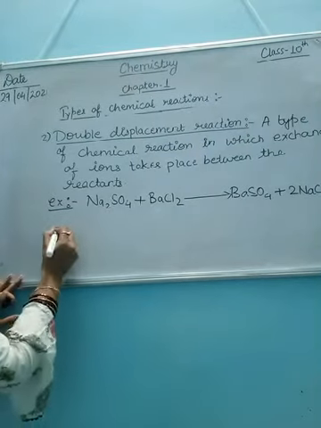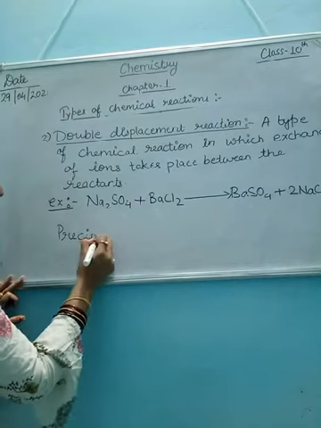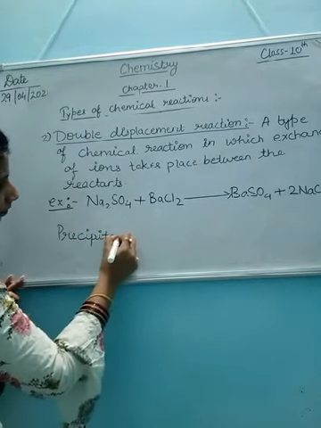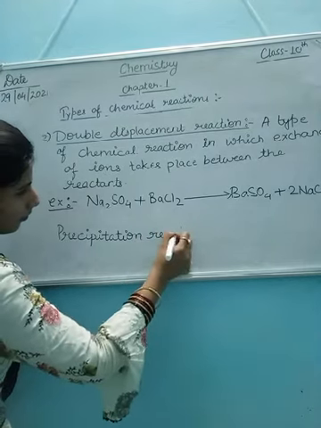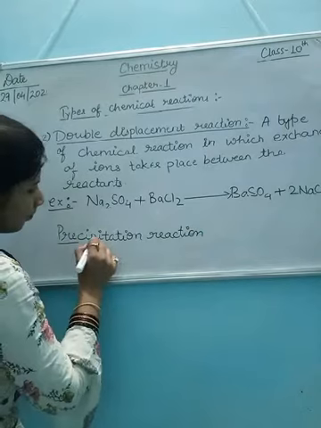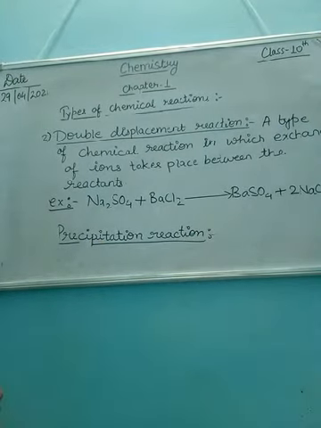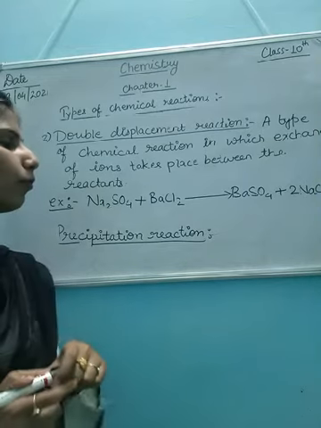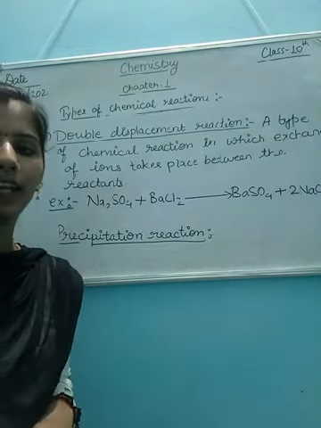Now see precipitation reaction. What is a precipitation reaction? Precipitation reaction is a type of chemical reaction in which there is a formation of precipitate.